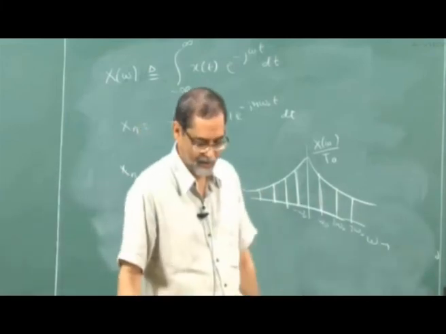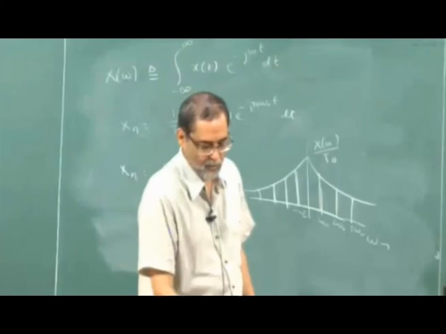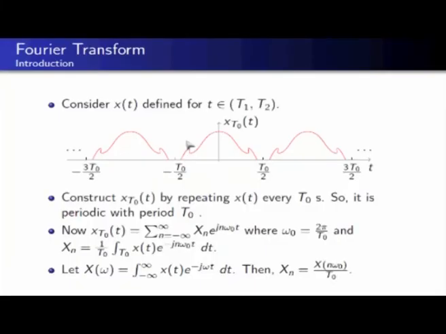Okay, that's one idea. Now if you go back, I am repeating x every t naught seconds, and t naught can be anything, right. What if I increase the period, instead of putting them so close by, what if I make t naught larger, t naught is bigger, right. That means between one pulse and the second pulse there is a large gap, right. By increasing t naught I am increasing the gap between them.